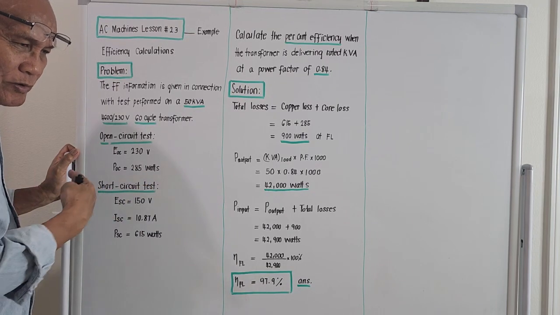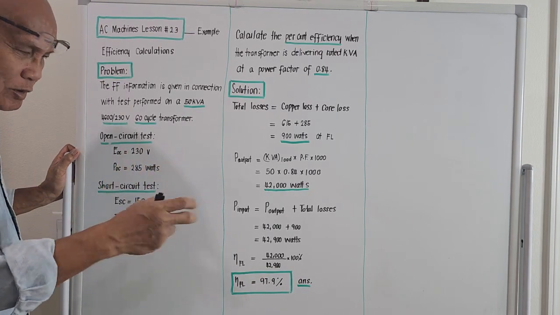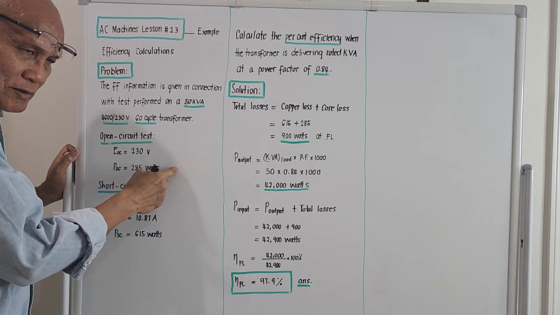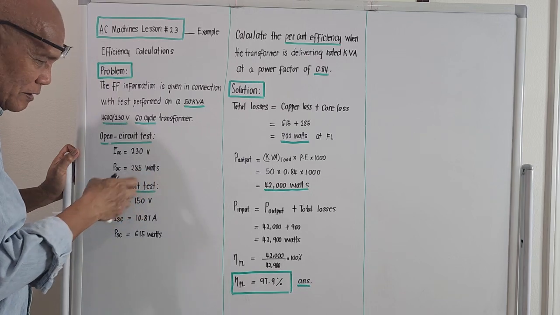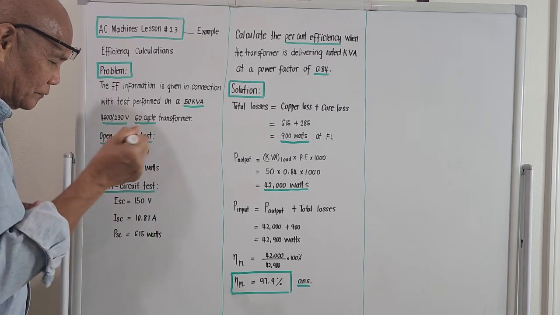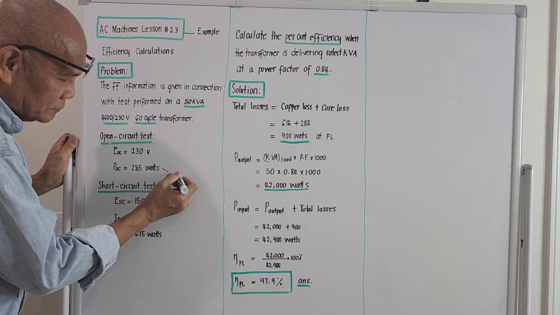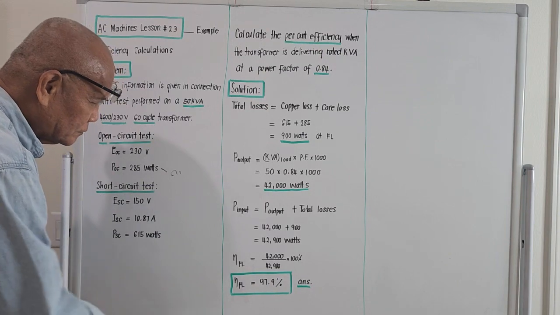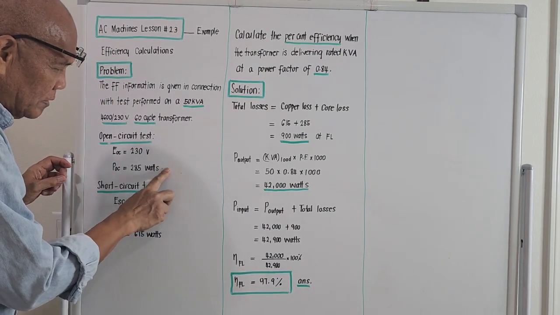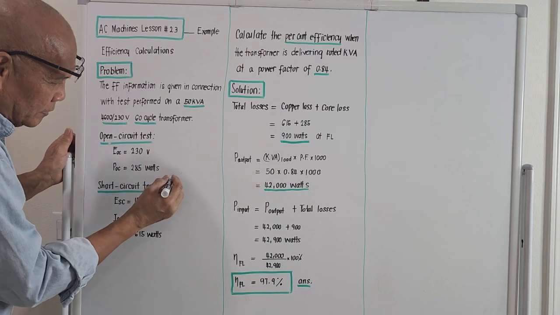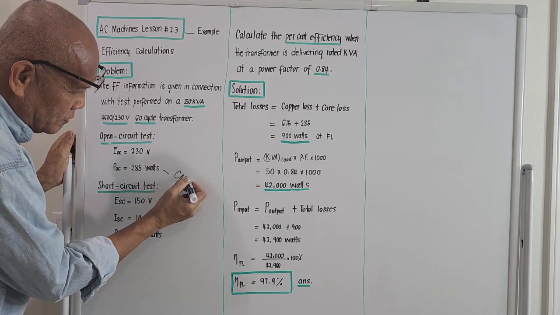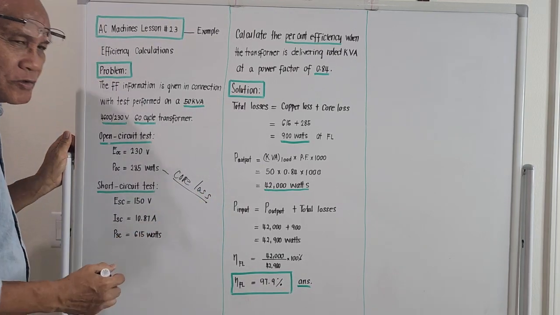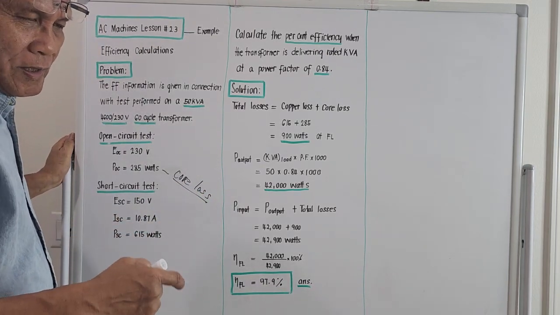As the input for the open circuit test, the reading of the wattmeter is actually 285 watts, and the important thing about this is actually the core loss. This is the core loss.